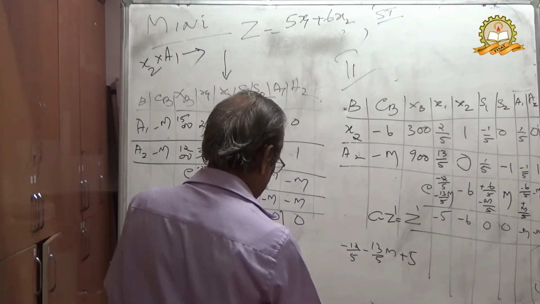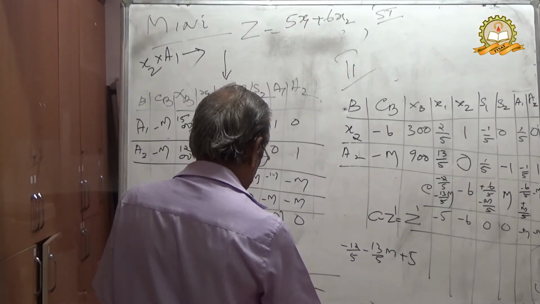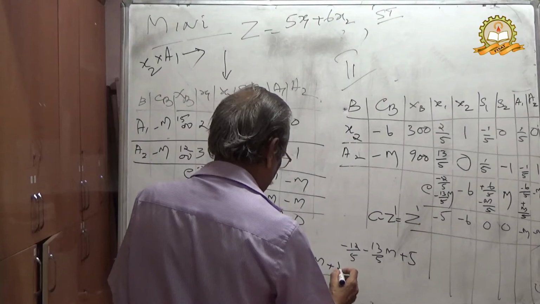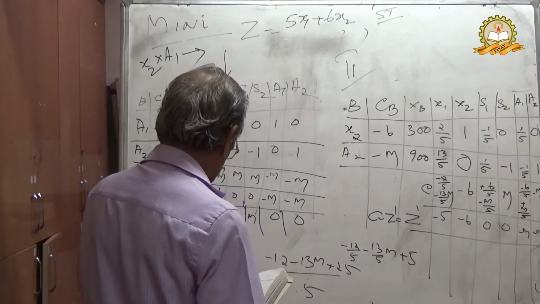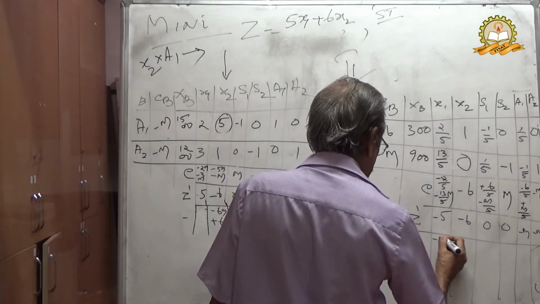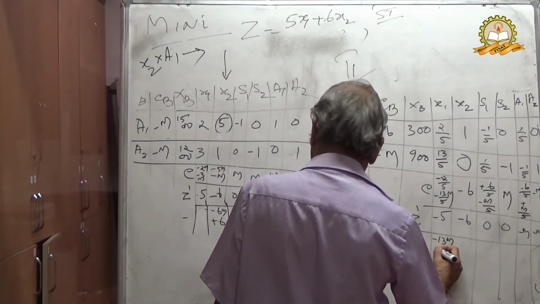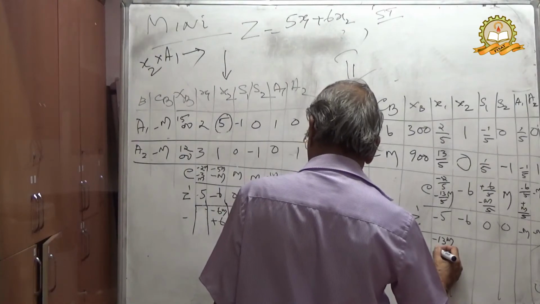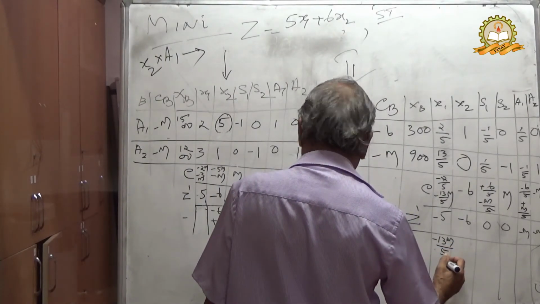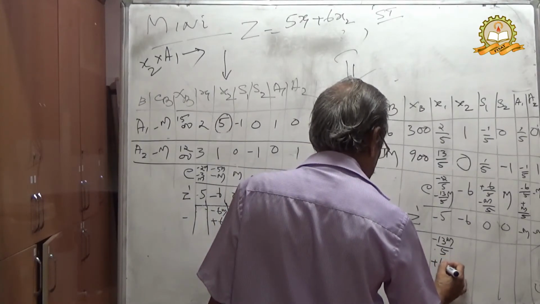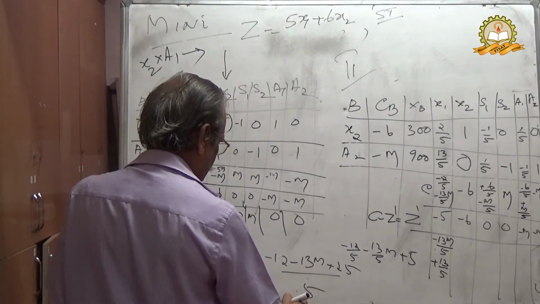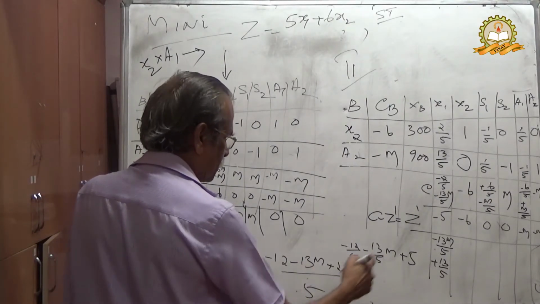Therefore, you have 5 as the LCM: minus 12 minus 13 m plus 25, equal to minus 13 m by 5 plus 13 by 5.